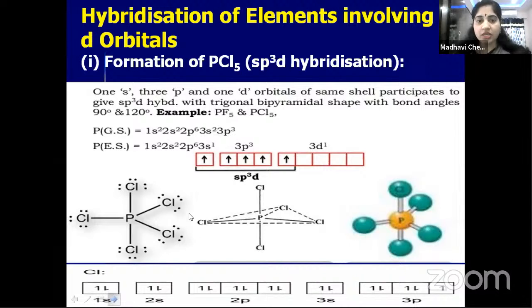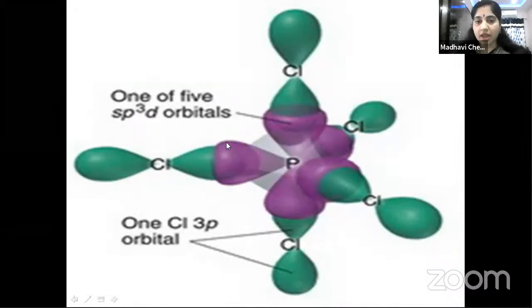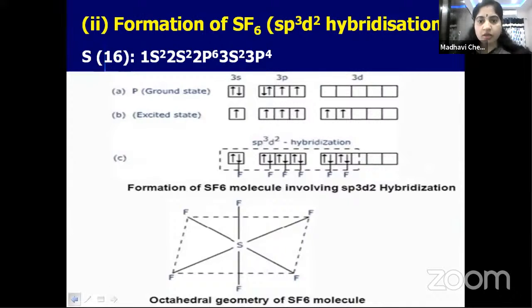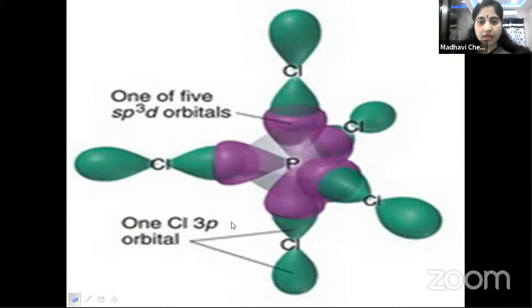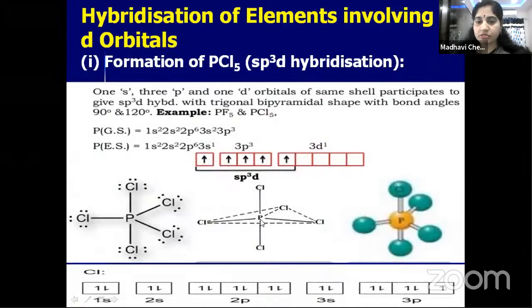So now each chlorine which is having one unpaired electron in its p orbital, it will overlap with the sp3d hybrid orbitals of phosphorus, and it will form PCl sigma bonds. So how many PCl sigma bonds total? Total 5 PCl sigma bonds, children.